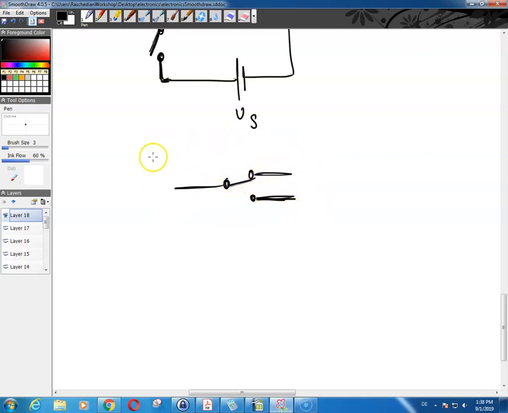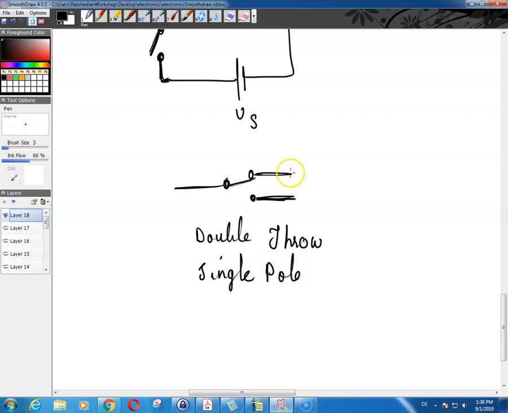So this is a single pole, double throw switch, because this common contact is either connected to this contact or to this contact. Single pole meaning that there is only one switch over here.